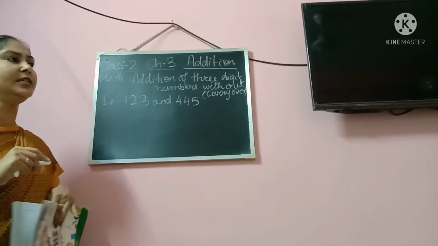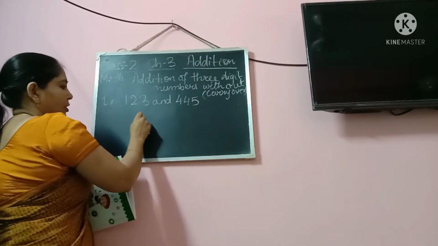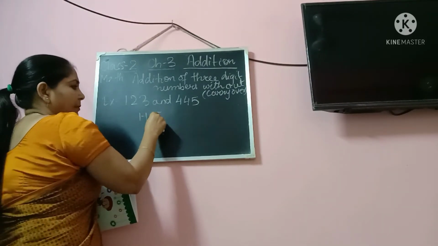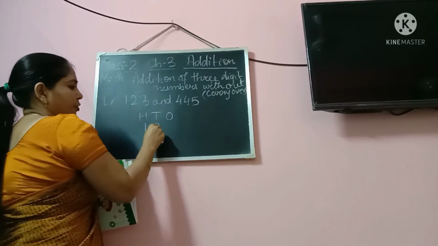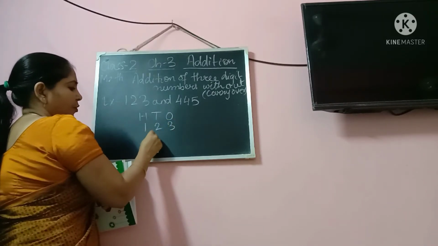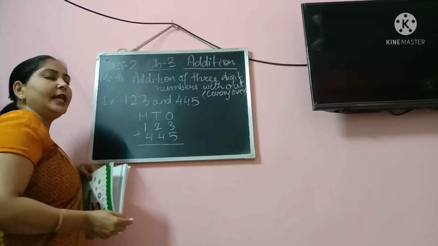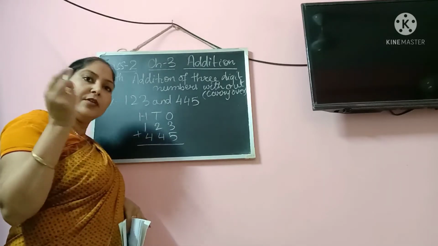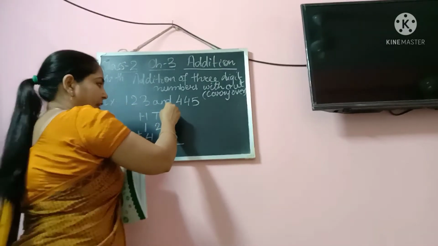These are the two numbers and we have to add them without carrying over. So see, let us arrange these numbers. 123 plus 445.